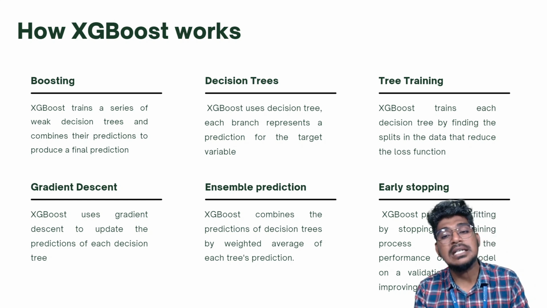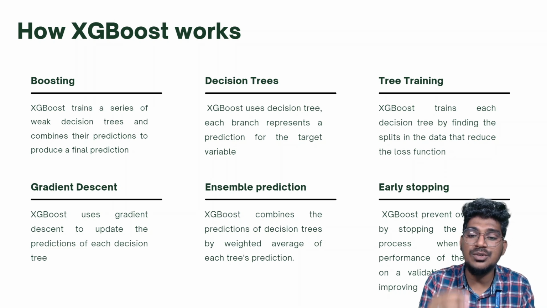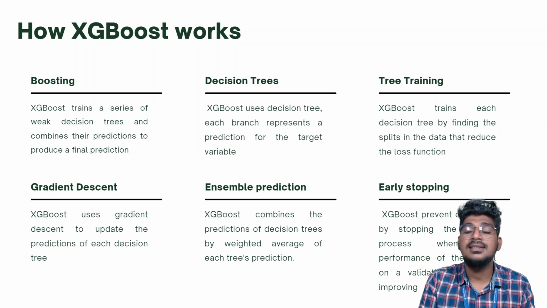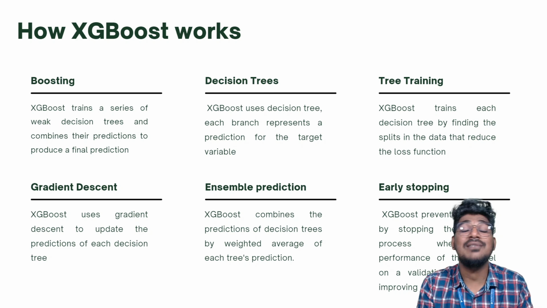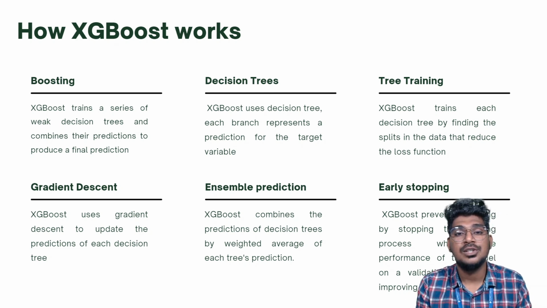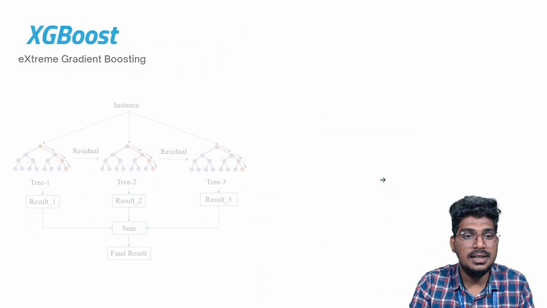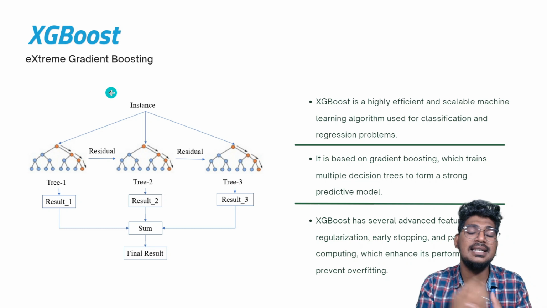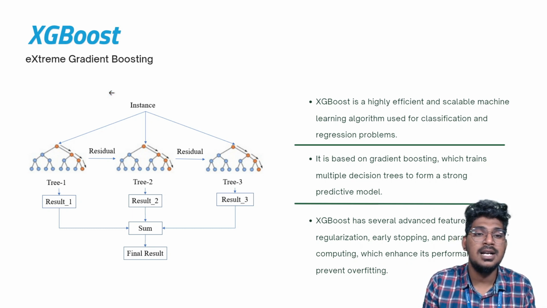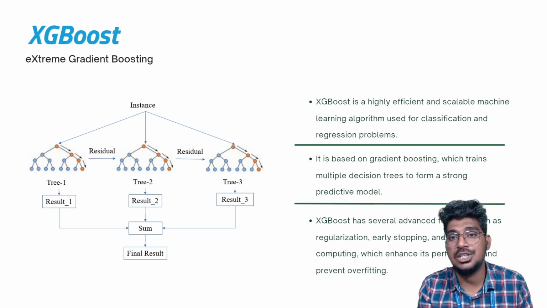What is the meaning of early stopping? XGBoost prevents overfitting by stopping the training process when the performance of the model on the validation set stops improving. For example, once you collect the data for house price prediction, a random sample is applied to multiple decision trees.